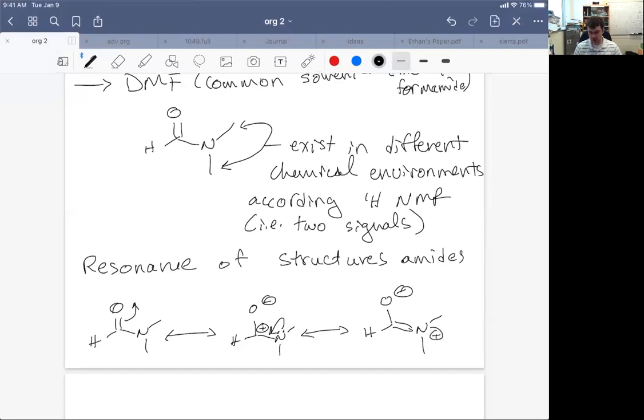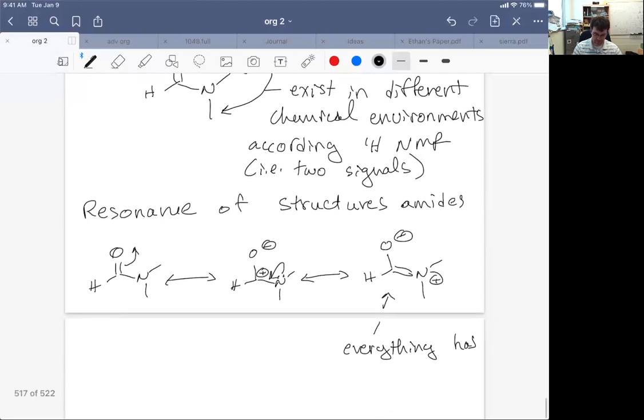Obviously, it's best to have no charge separation, but if you look in this other resonance structure, everything has an octet. So everything has an octet and it's all happy. So I would call this first one the best and this next one the second best. And I guess that middle one among the three is the worst, but I don't want to attach worse to that because you could draw worse or lesser contributing resonance structures. Okay.